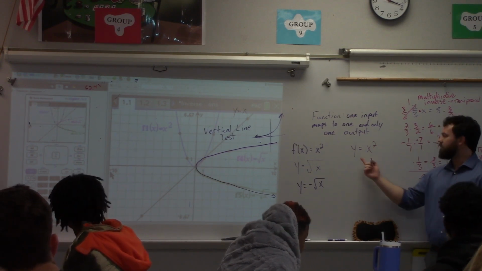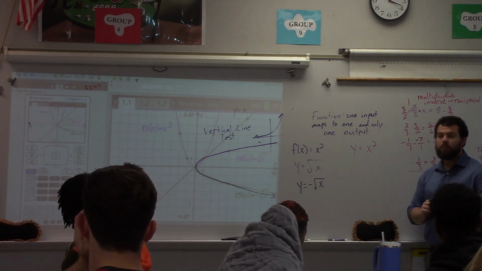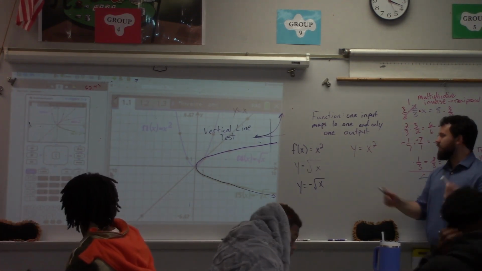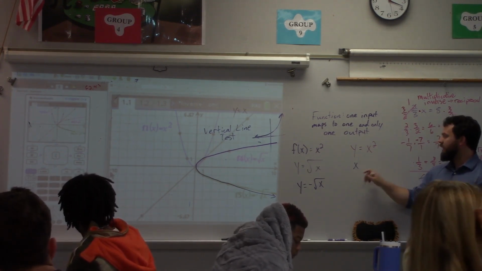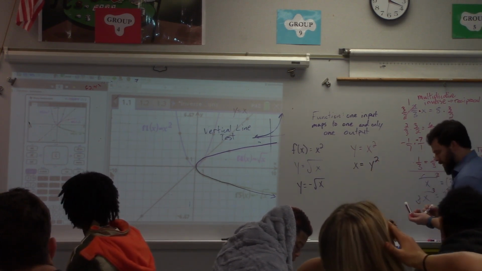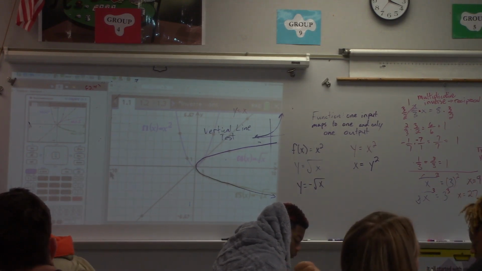What would the y become? If I transpose my inputs and outputs, that output of y becomes the input, and now my input is the output. So x equals what? Y squared.